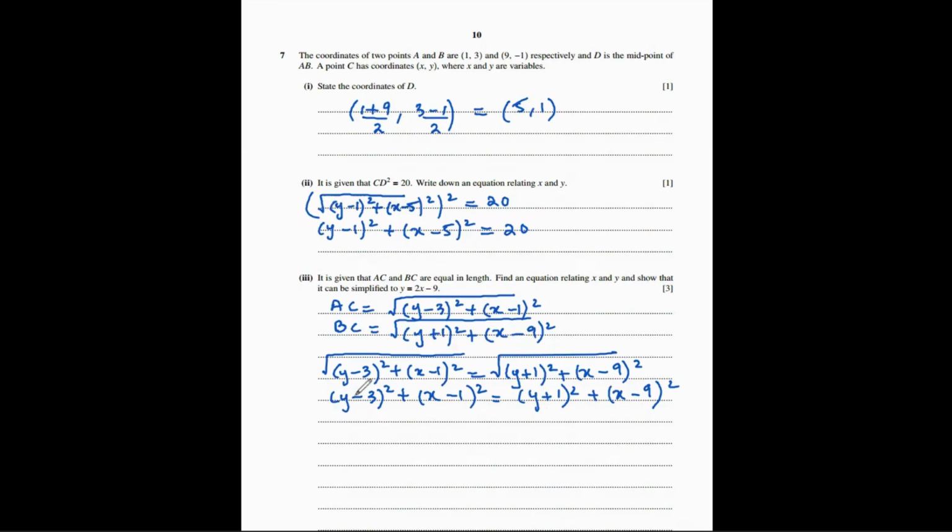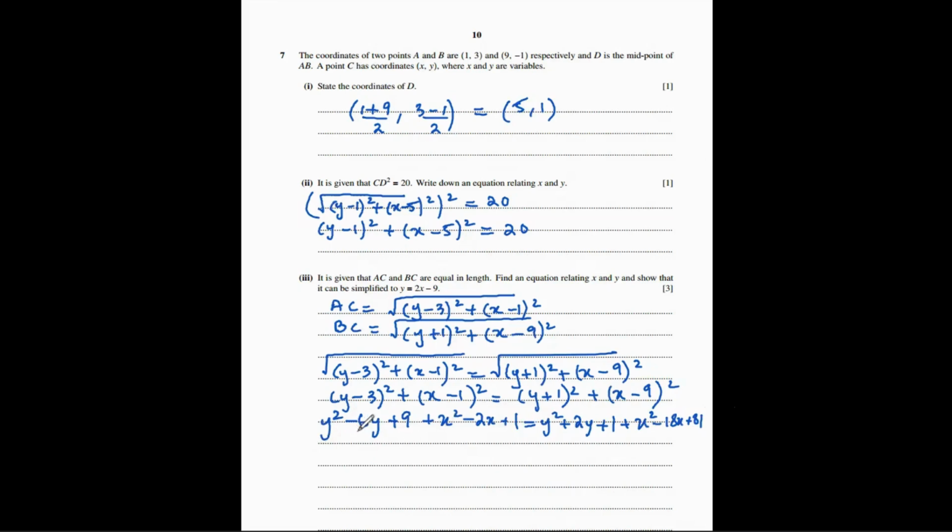Now we should expand the brackets. That's going to be y squared minus 6y plus 9 plus x squared minus 2x plus 1 equals y squared plus 2y plus 1 plus x squared minus 18x plus 81.